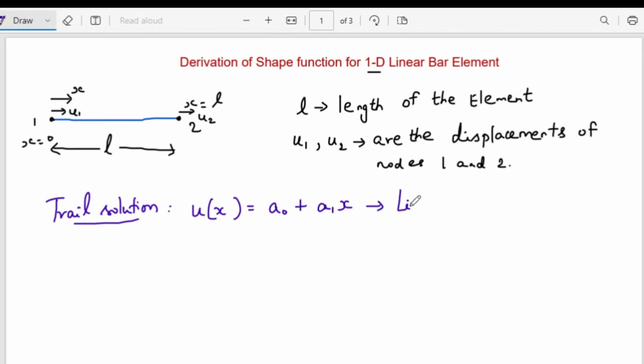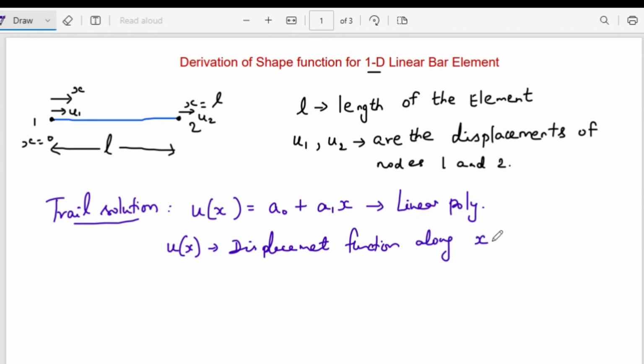We can observe it is a linear polynomial with variable x. u of x is the displacement function which we are interested to find, along the x direction. We are dealing only in the x direction.